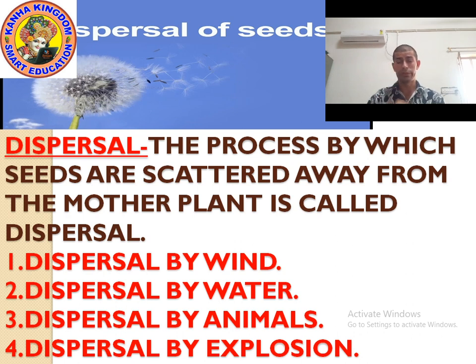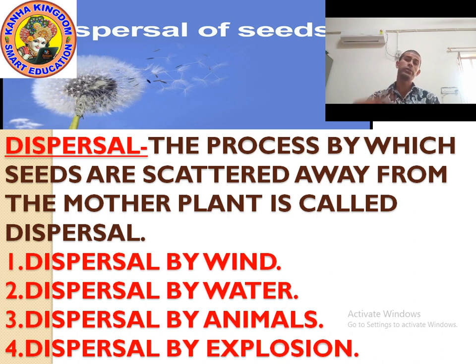due to four reasons. First is dispersal by wind, dispersal by water, dispersal by animals, and dispersal by explosion. So wind also helps in dispersal, water also helps in dispersal, animals also help in dispersal, as well as explosion.